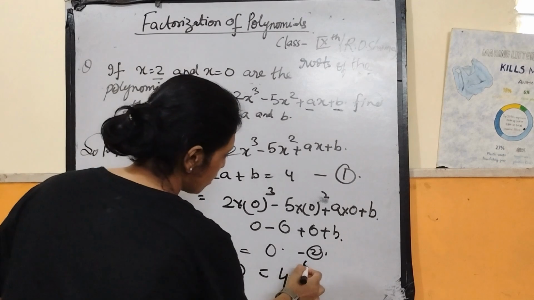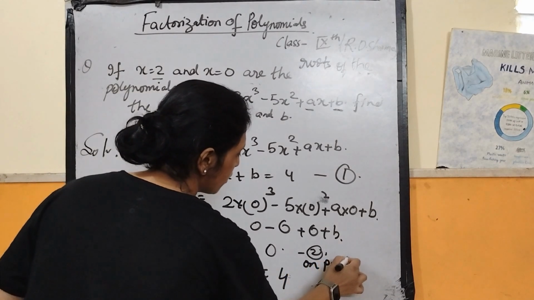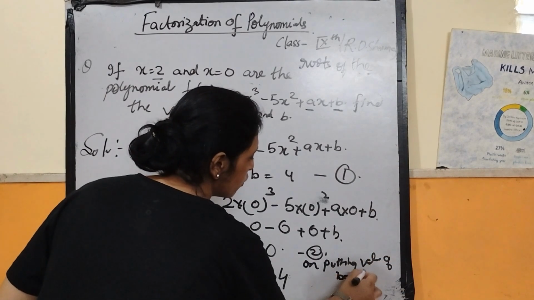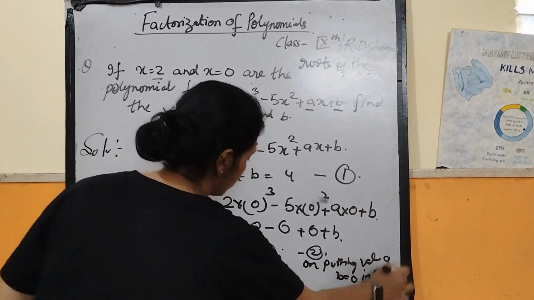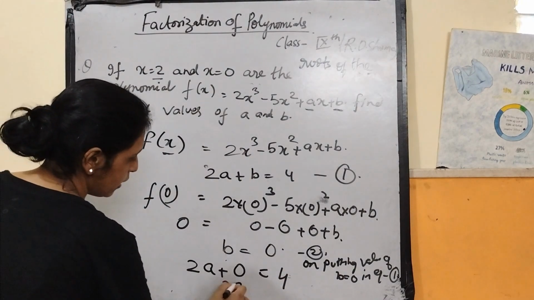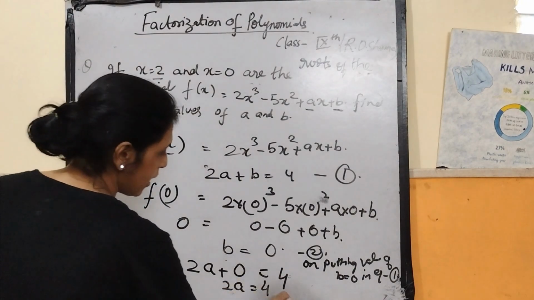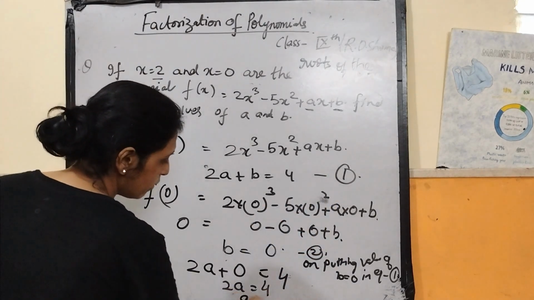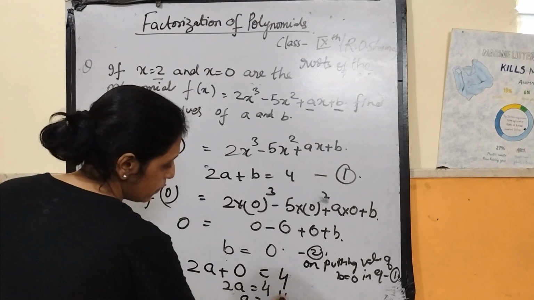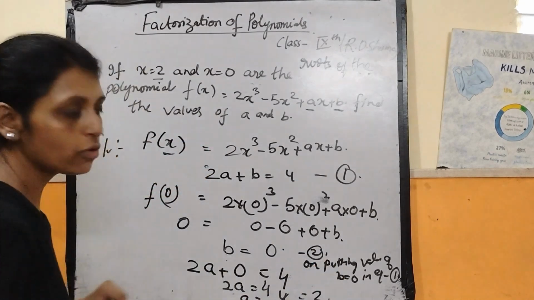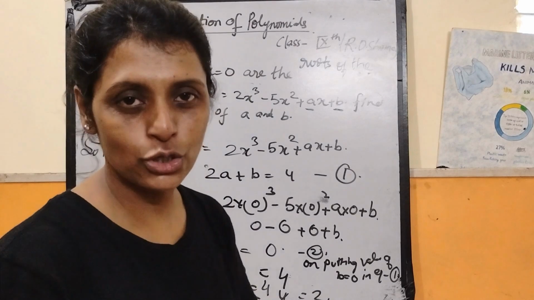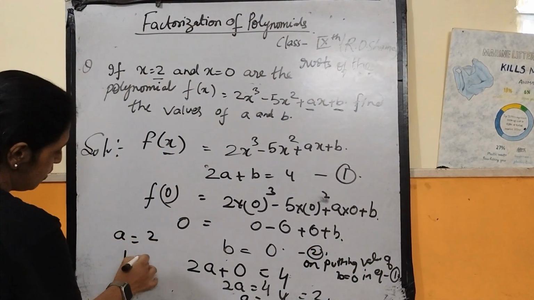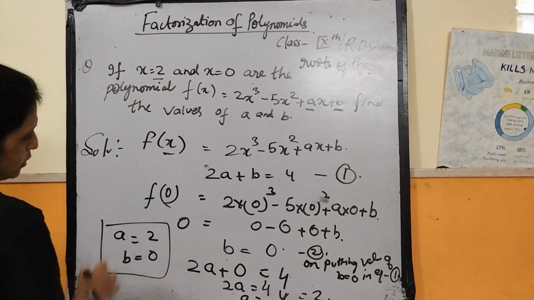You can write it here: on putting the value of b equal to 0 in equation 1, it will be 2a is equal to 4, and here 2 is multiplied with a, so with sign transfer it will be divided. So we got the value of a as 2. So we got both the values: a is equal to 2 and b is equal to 0.